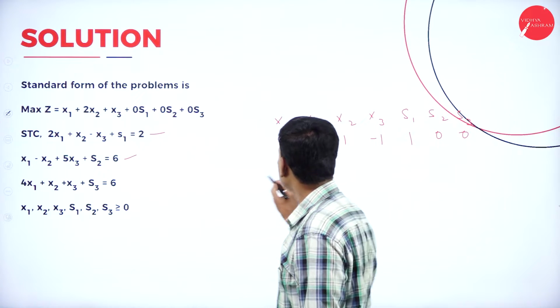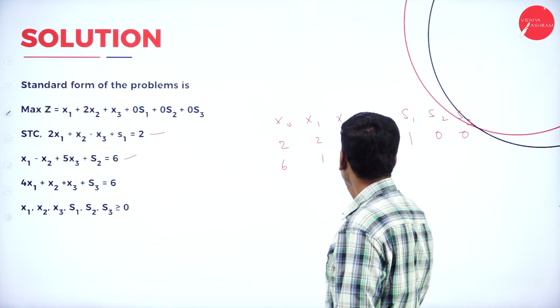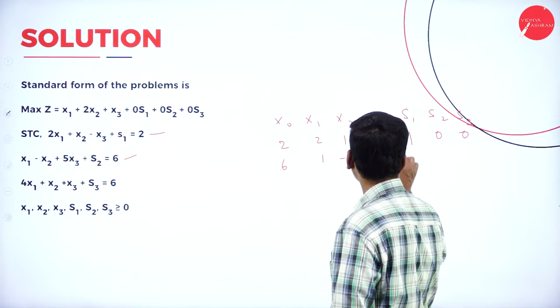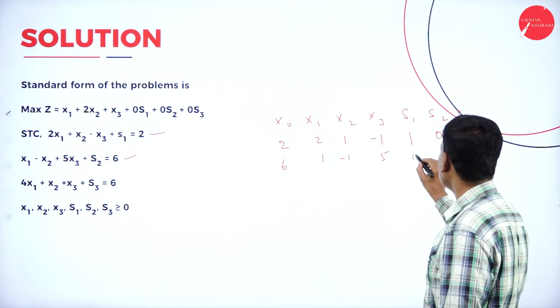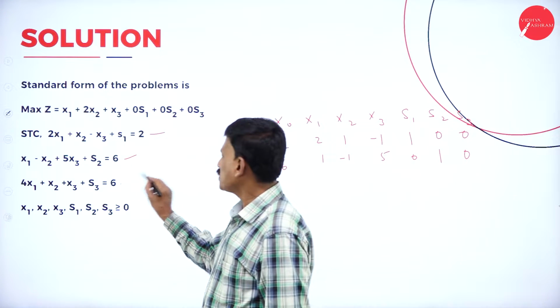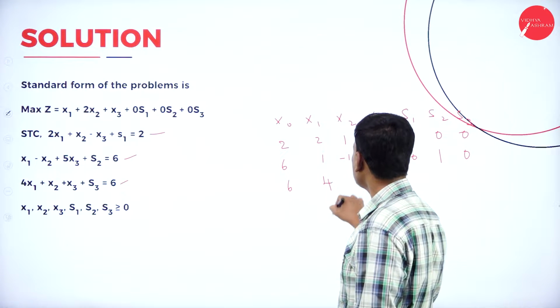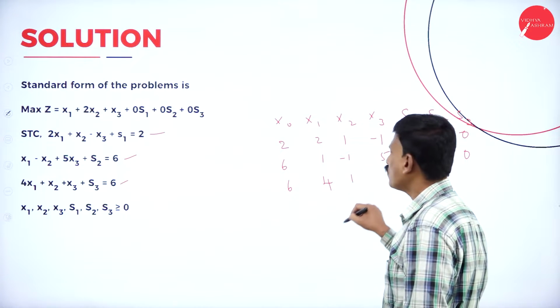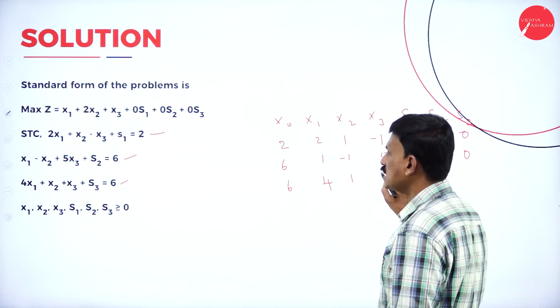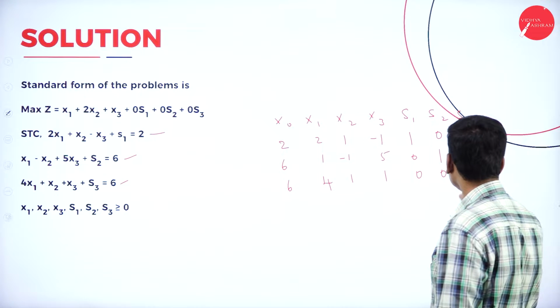For the second equation, the constant is 6, the coefficients are 1, minus 1, 5, s1 is 0, s2 is 1 and s3 is 0. For the third equation, the constant is 6, the coefficients of x1, x2, x3 are 4, 1, 1, s1 is 0, s2 is 0 and s3 is 1.